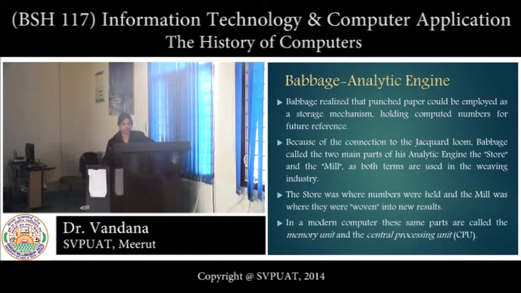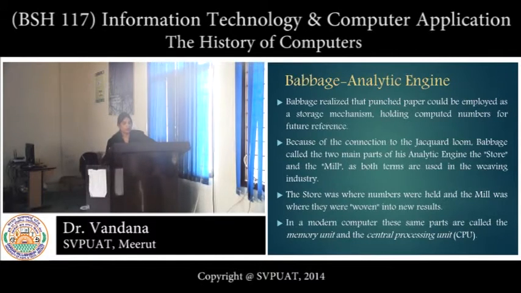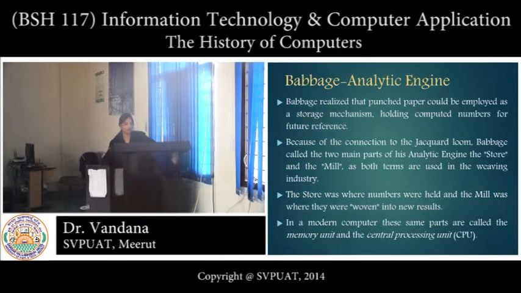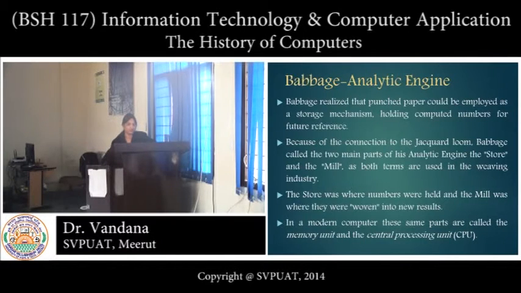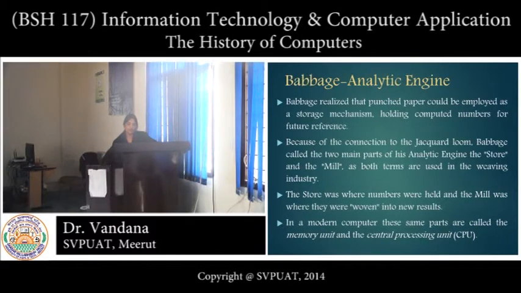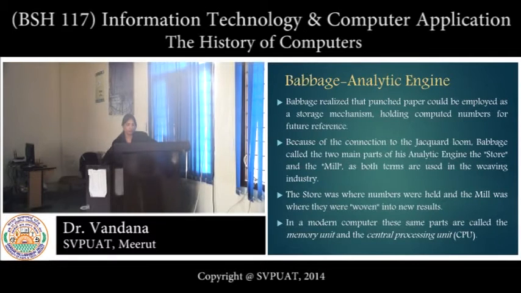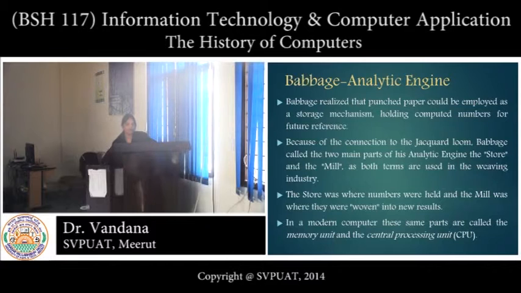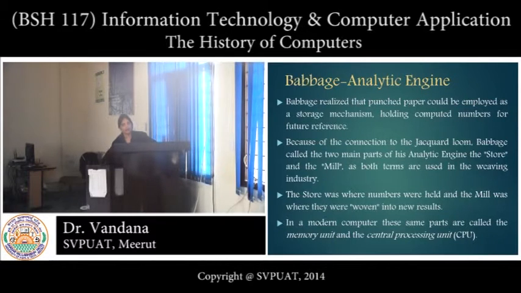So this is the picture of the analytical engine. Babbage's machine along with punch cards was employed for storing data, for storing information and holding computed numbers for future reference. Because of the connection to the checkered loom, Babbage called the two parts of this machine store and mill.